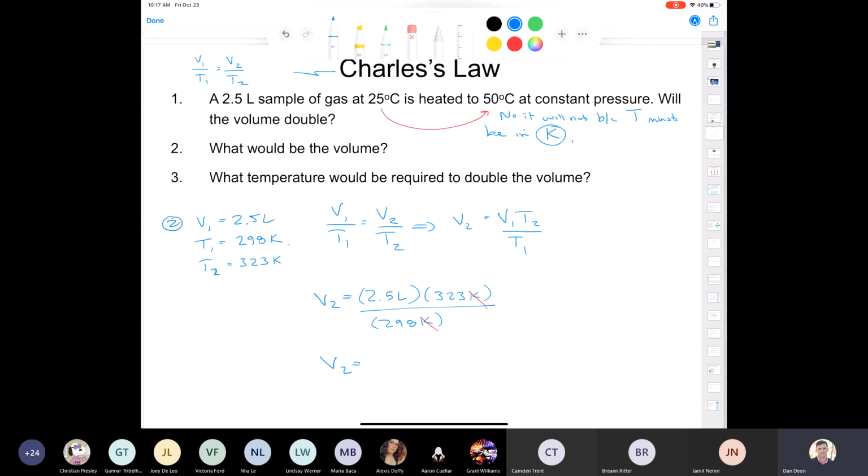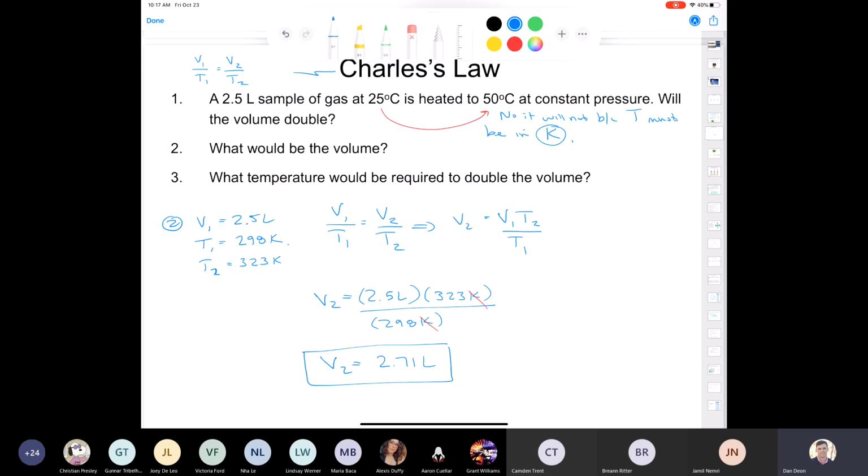Did I do that right? 2.5 times 323 divided by, oh, I put them in wrong. It's 2.71. So we end up with a volume of 2.71 liters as our final volume.